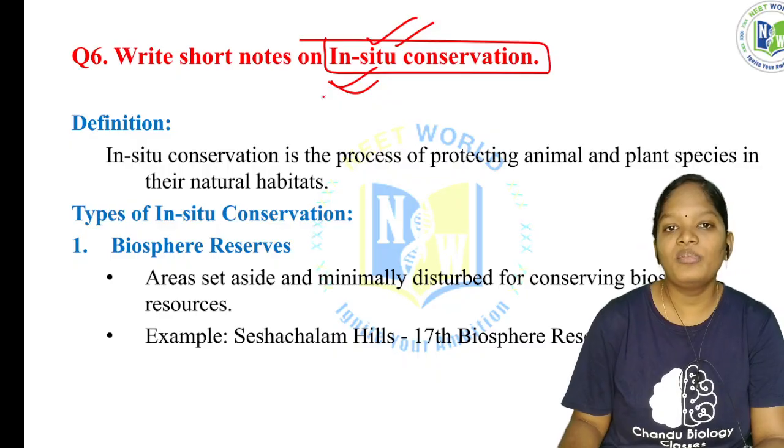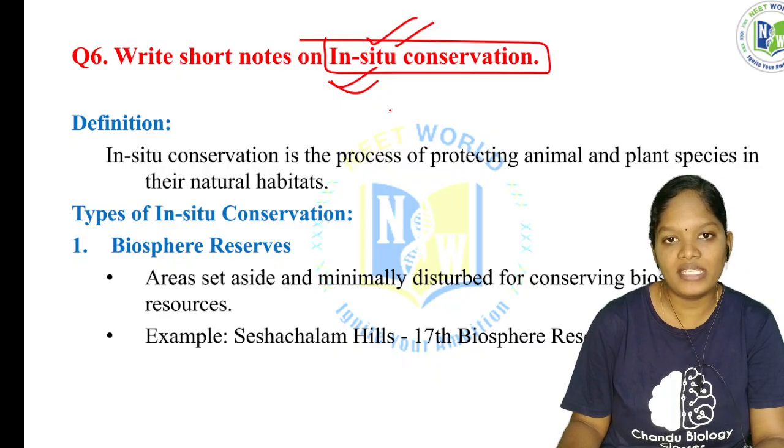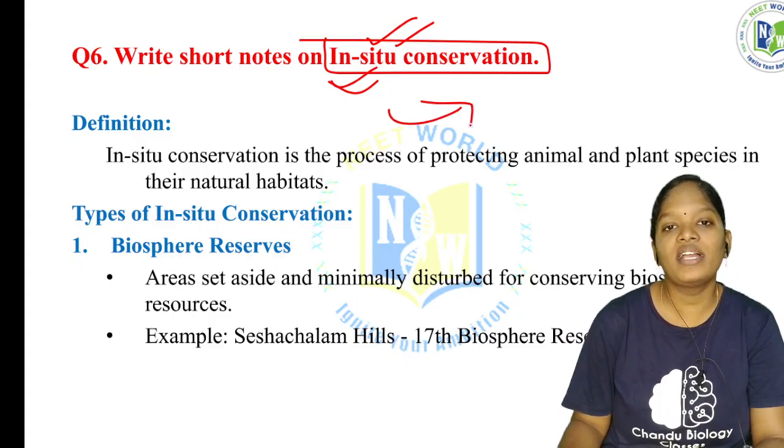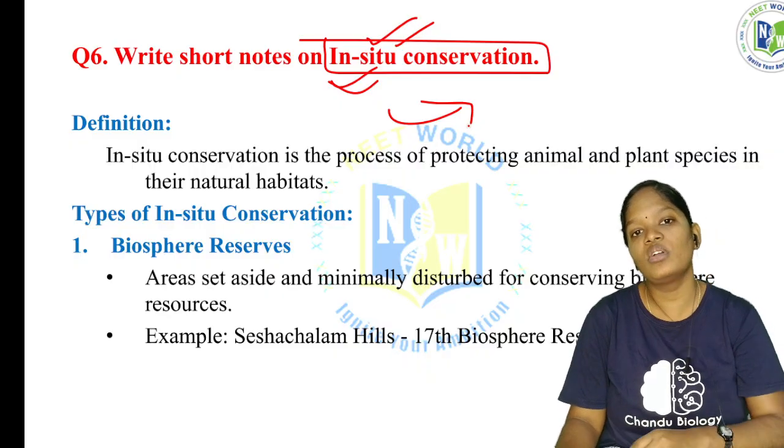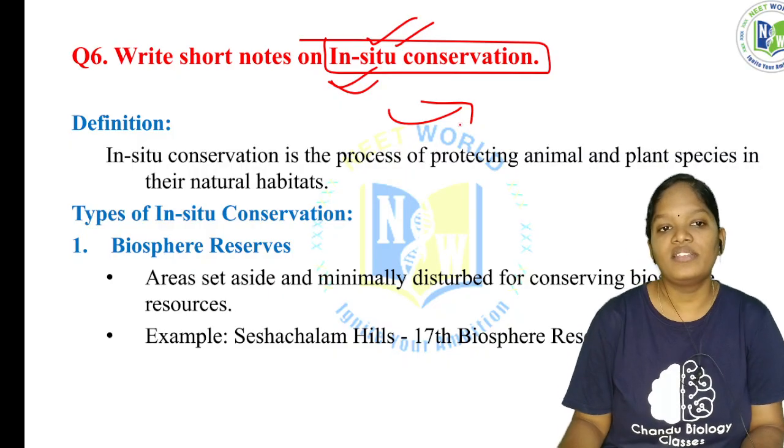If we conserve the animal in its own habitat, it is called in situ; if we conserve it somewhere else, not in its own habitat, it is called ex situ conservation.